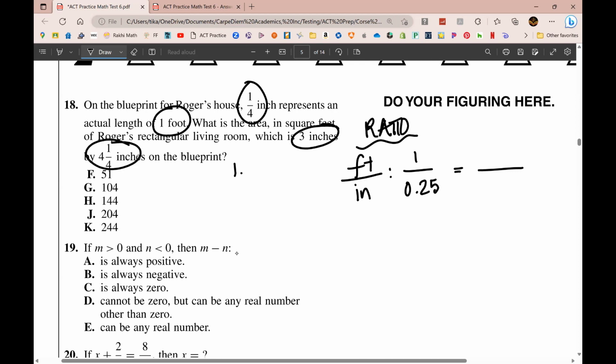One, we have to make everything from inches to feet. We have to do scale factor. And then two, we have to do the area. So what is the first scale that we need to factor? It's 3 inches.